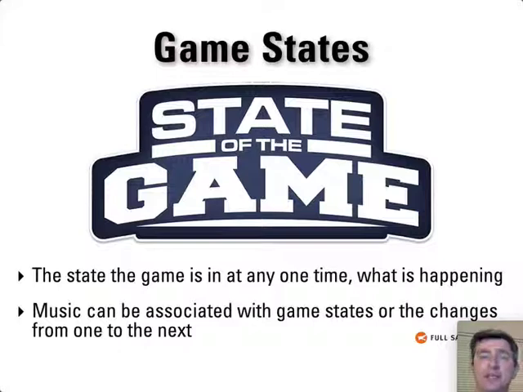So, for example, let's say you're doing a puzzle. You as the composer, you don't have to know anything about the code or the programming or anything like that. You know the musical concepts of how everything is going to work in the game. So you create a puzzle loop, and you know that while the puzzle is going on, this puzzle loop music will play.